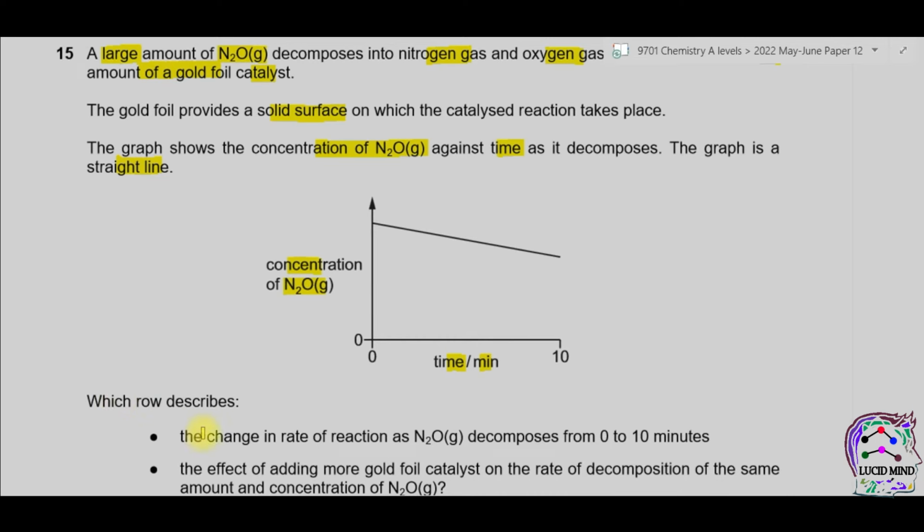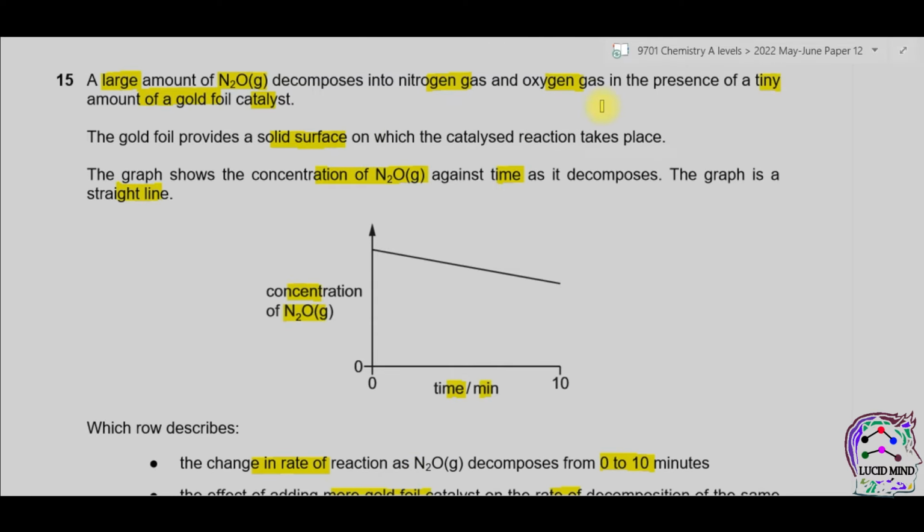Which row describes the change in rate of reaction as N2O gas decomposes from 0 to 10 minutes, and the effect of adding more gold foil catalyst on the rate of decomposition of the same amount and concentration of N2O? For this question you need to understand the function of this catalyst. We have a very tiny amount of catalyst.